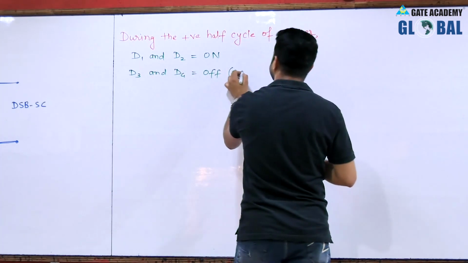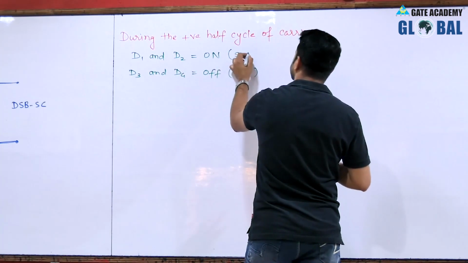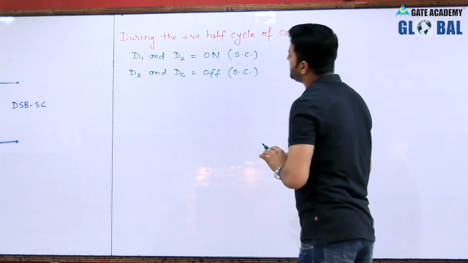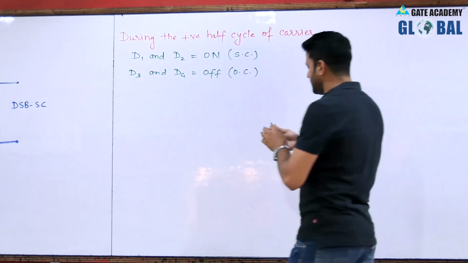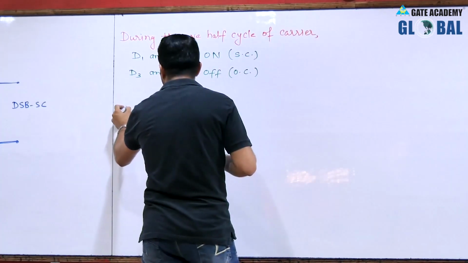Off means open circuited and on means short circuited. So, what will happen when the diodes are short circuited and open circuited? Let us draw the diagram separately.